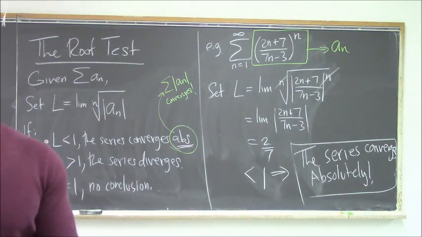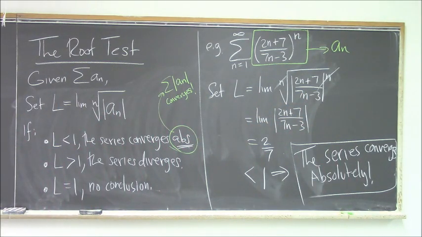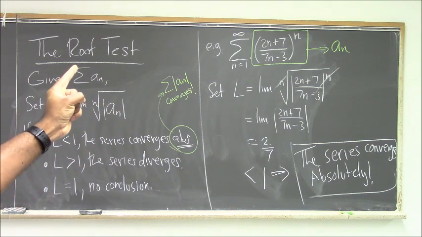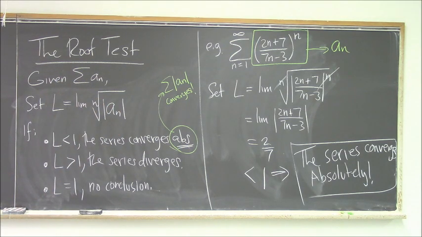So that is an example here. I can take some time to copy that down or make sure you understand what happened. But it's basically just me applying this test, the root test, which in and of itself is not that bad.